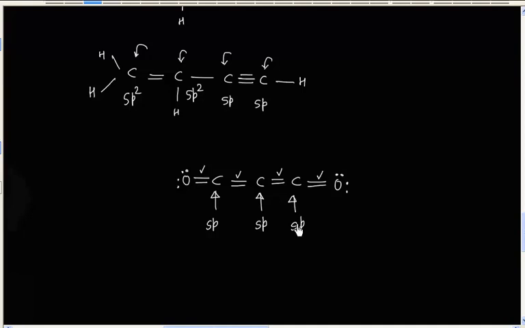If the number of groups is 2, hybridization will be sp. If it is 3, sp2. If it is 4, sp3. Similarly, with 7 groups you will have sp3d3. So simple: you just write down the Lewis dot structure, and once you have it, you can find the hybridization.